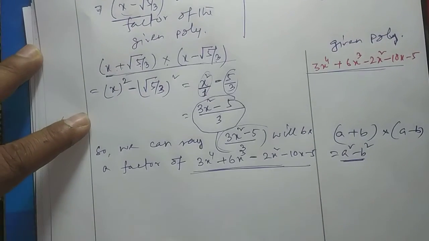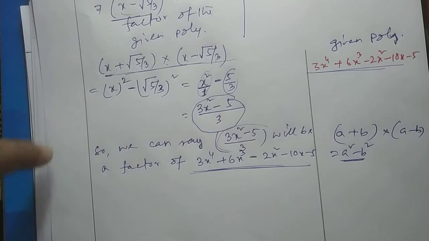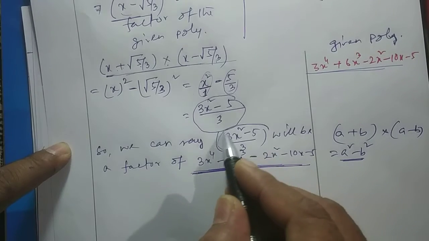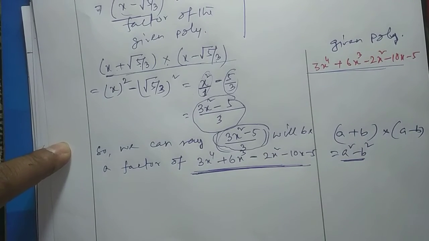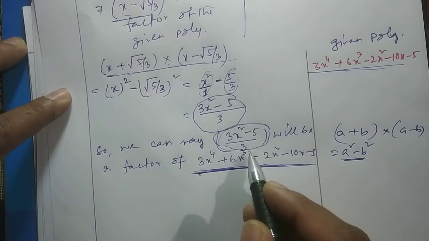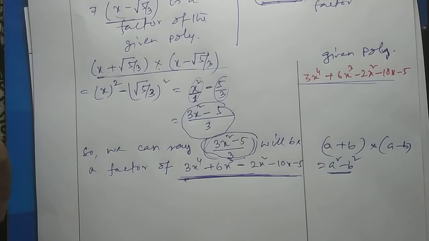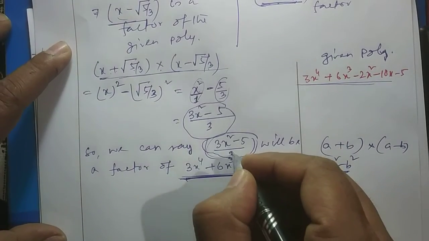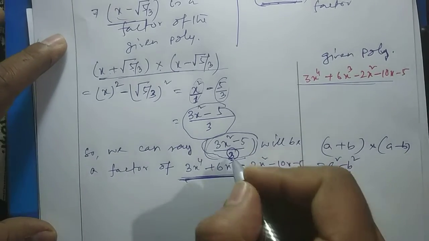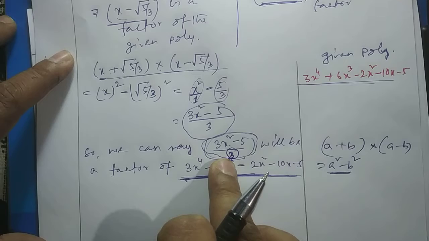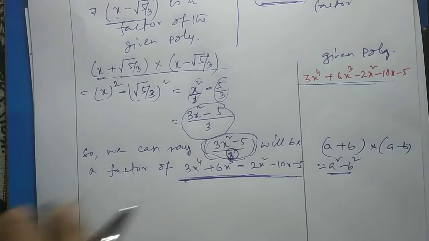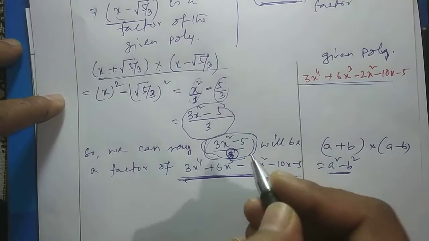Understood or not? Now in step 2 we have to divide this big polynomial by this generated factor. Understood? Now look here. If you want, you can ignore this 3. You can ignore this denominator because it will give trouble when we divide in step 2. That's why I am suggesting you to avoid this denominator.